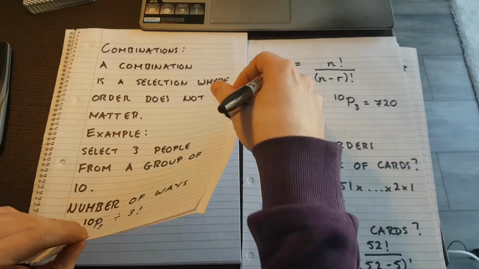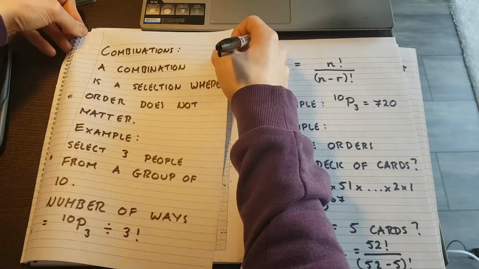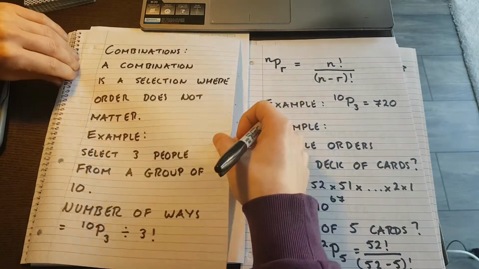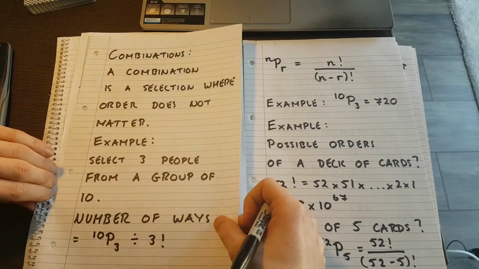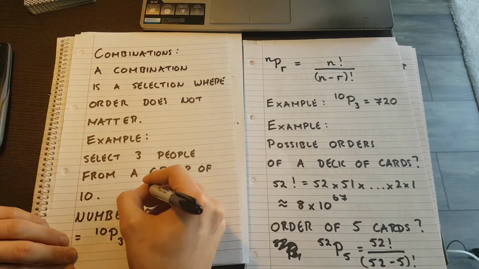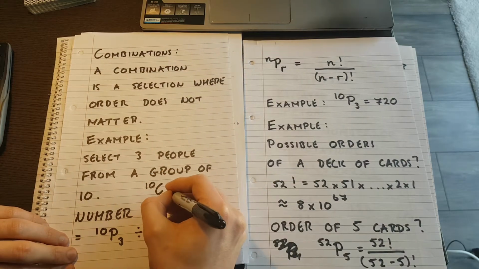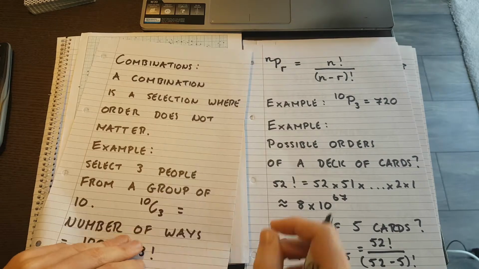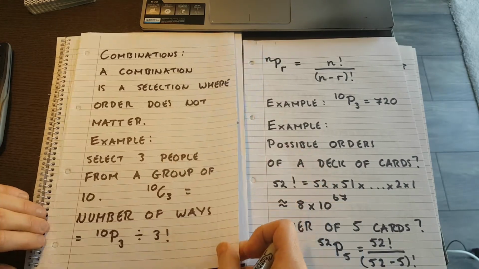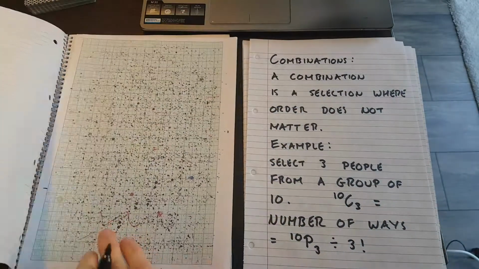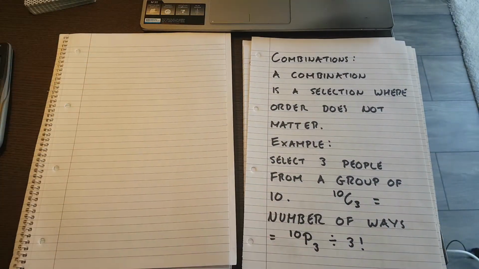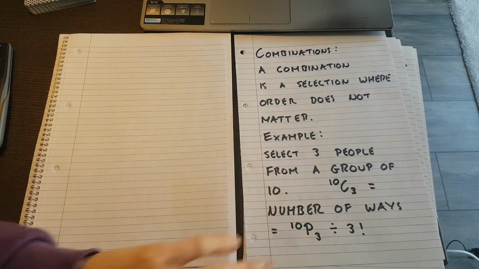So what do I end up with here? We call this, by the way, 10 choose 3, or 10 combine 3, depending on what you want to see that as being expressed as. So what's the number of possible ways?